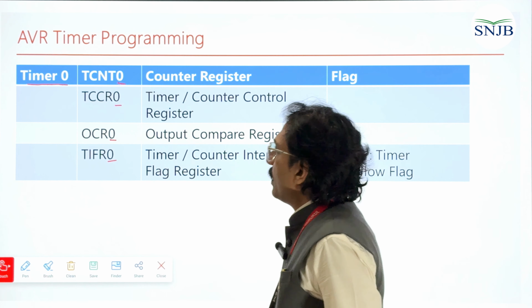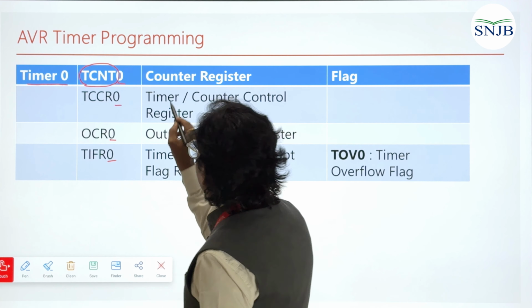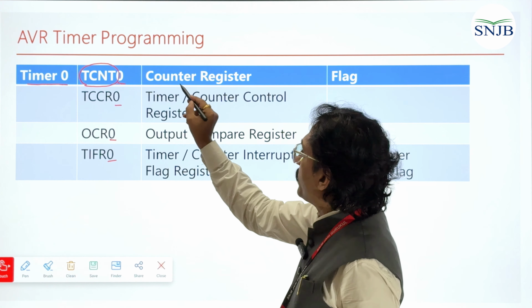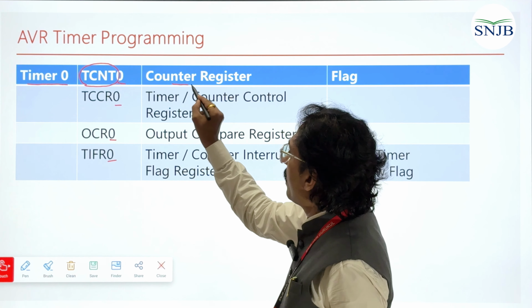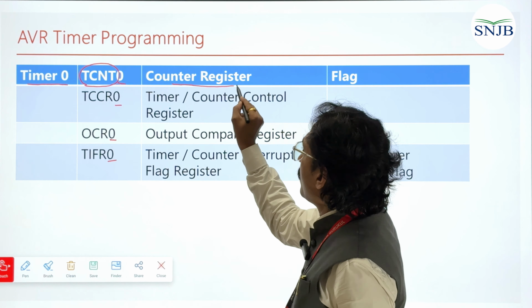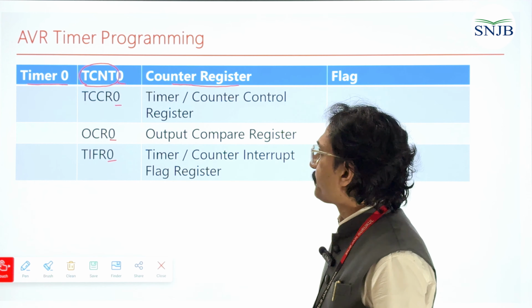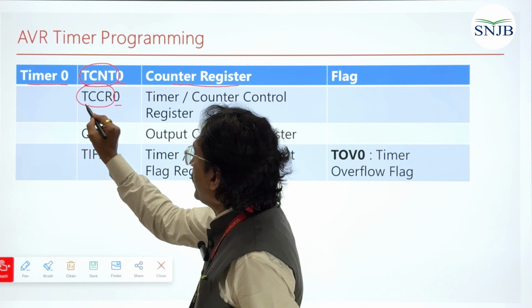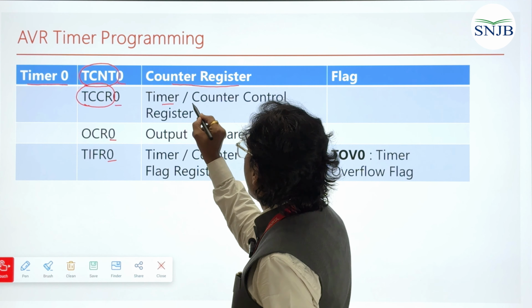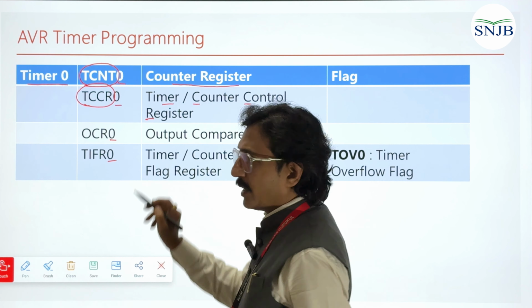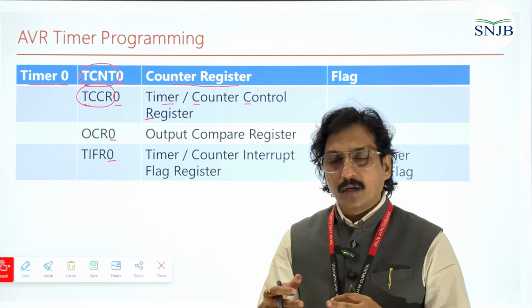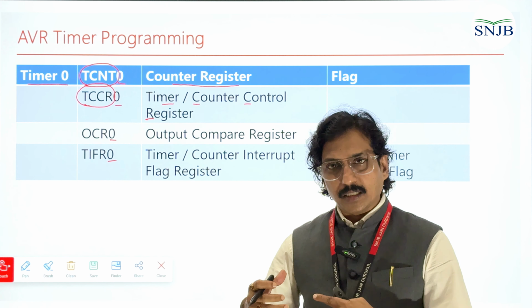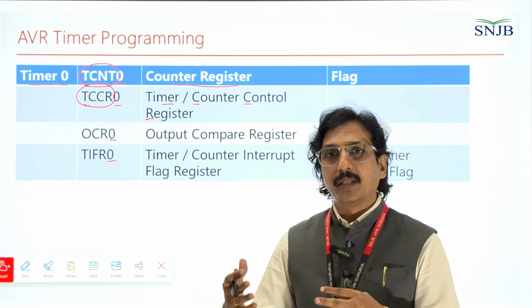As far as timer 0 is concerned, this is one register, TCNT. This register is specifically used for setting the counter for generation of the delays. The second register is TCCR, the timer counter control register, used to initialize the counter, to run the counter and to sense whether the overflow flag has been asserted or not.